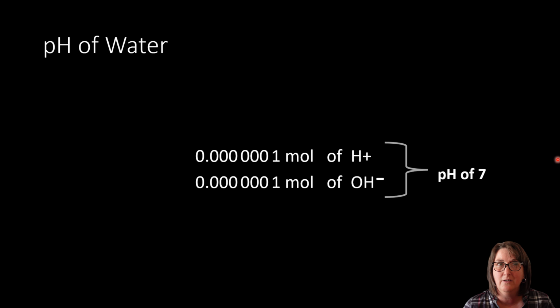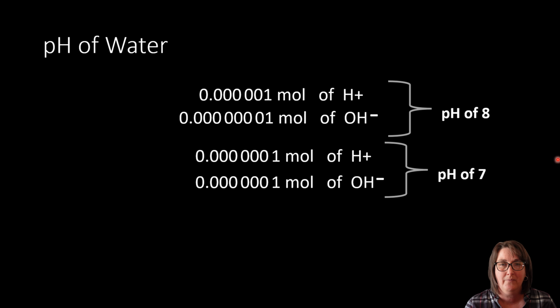If I increase my pH, which means I go up, I become more basic. And my log of 10 is going to increase or decrease by 10. So if I go to a pH of 8, that means my hydroxides are going to increase by a power of 10. My hydrogen ions are going to decrease by a power of 10. I'm going to become 10 times more basic than a 7.